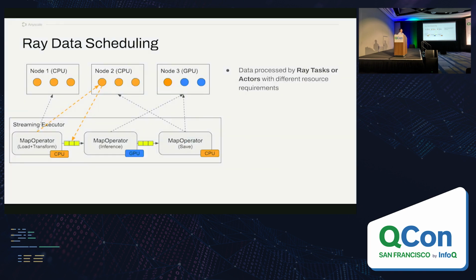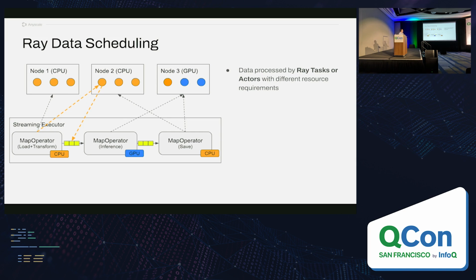Once we have the physical plan, during the actual execution, the data will be processed by Ray tasks or actors with different resource requirements. Like we mentioned, we can specify how many CPU cores you need to process the input data, or how many GPUs you need to run inference on the data. By specifying different requests, Ray Data will do the scheduling for different tasks on different hardware in a dynamic way.